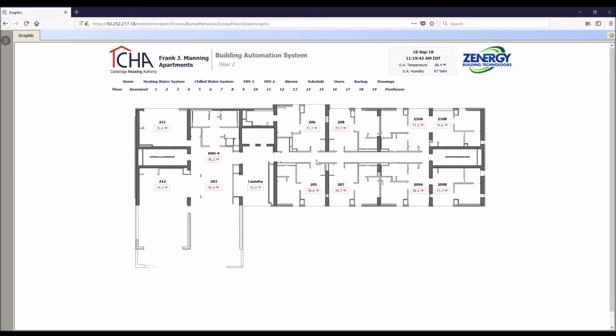The second floor has some apartment spaces, but then also this common area space. The laundry and 211 are also off of that AppStat. The only controller on floors 3 through 19 is that communicating thermostat called the AppStat.